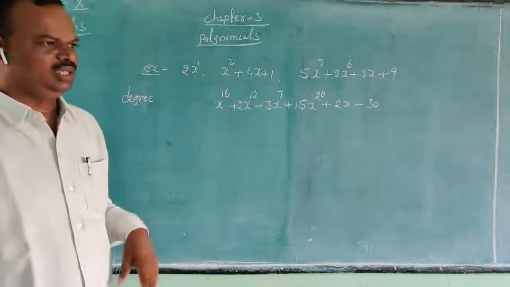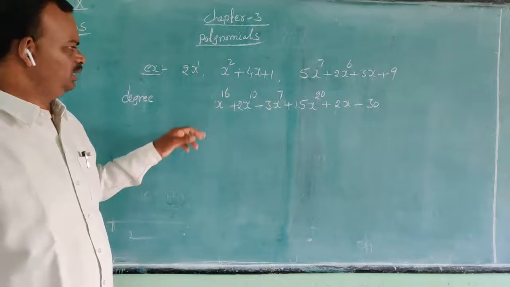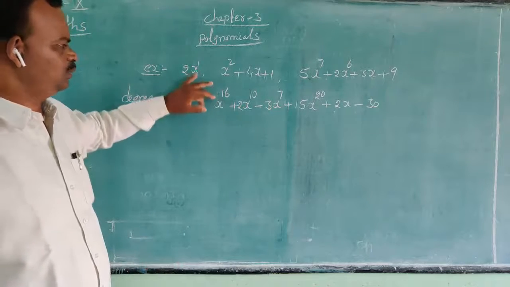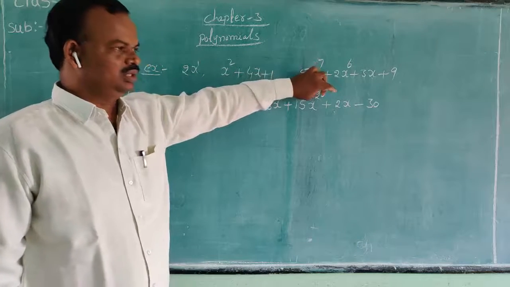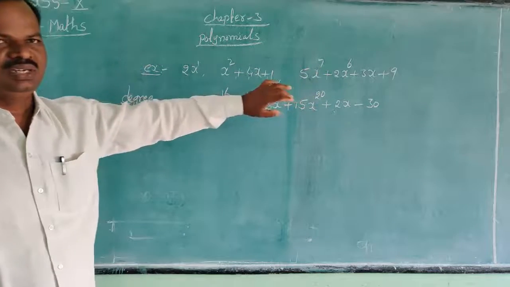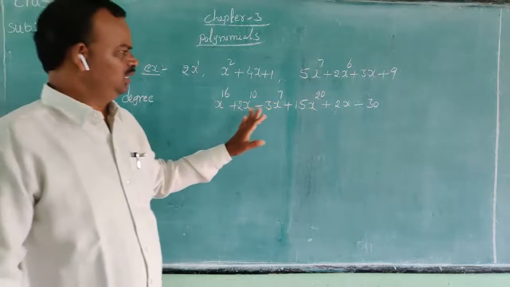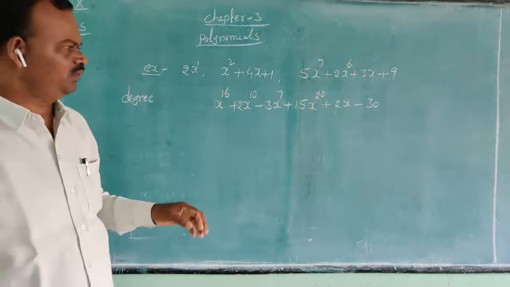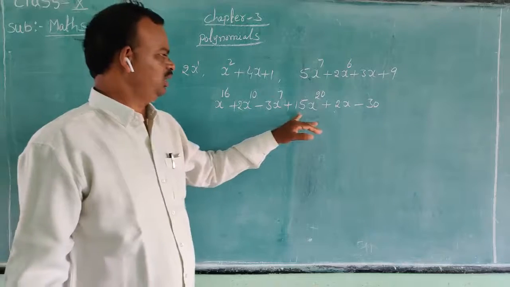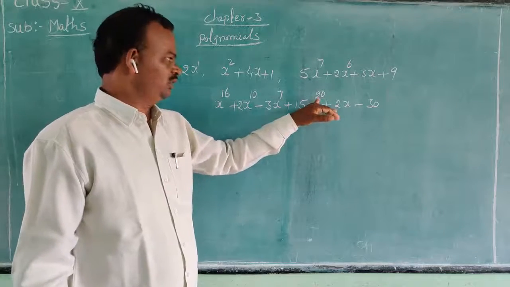Here, see the highest power: not 16, the highest power of x is 20. So the degree of the polynomial is 20. In any polynomial, the highest power is called the degree of the polynomial.